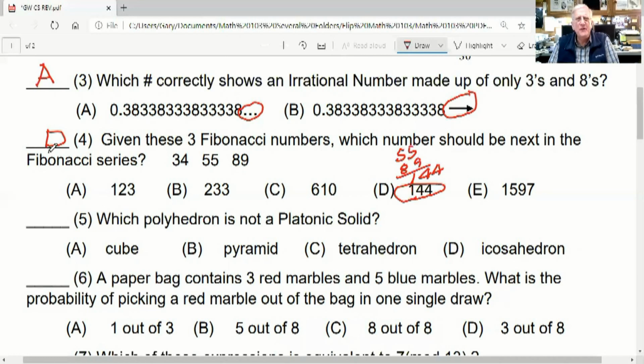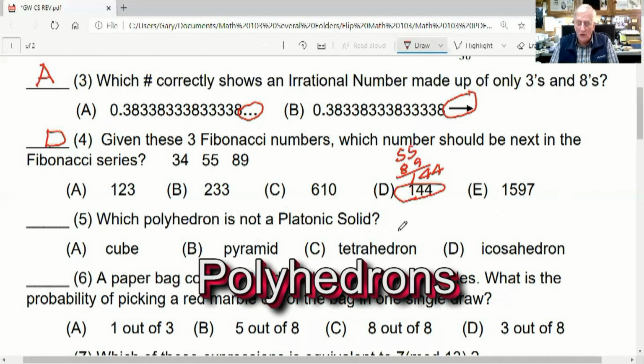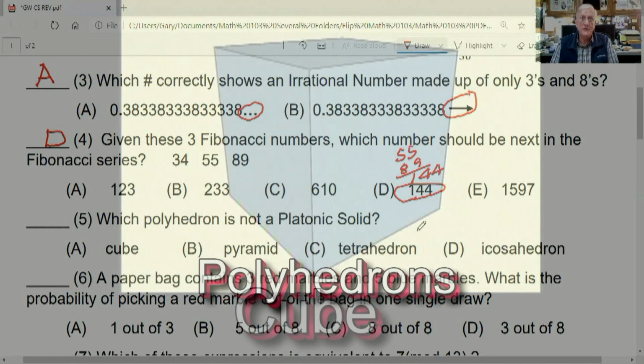Which polyhedron is not a Platonic solid? Now, all these names here, cube, pyramid, tetrahedron, and icosahedron, are all names of polyhedrons.